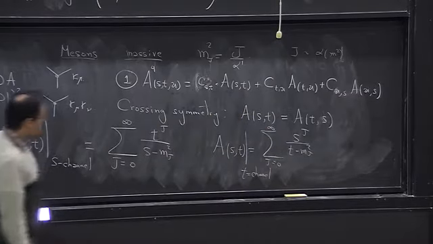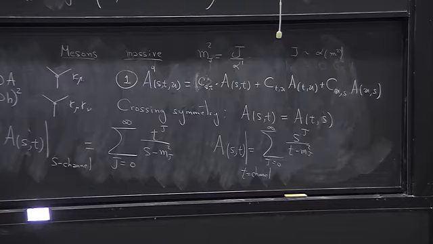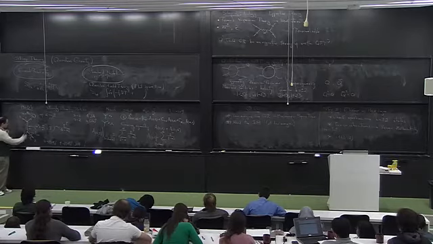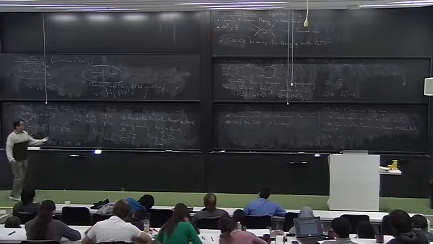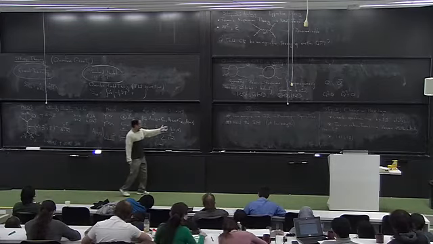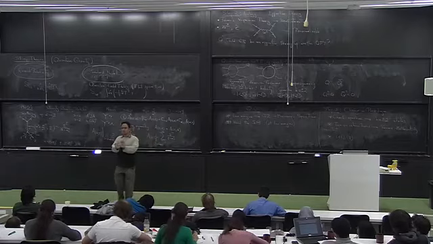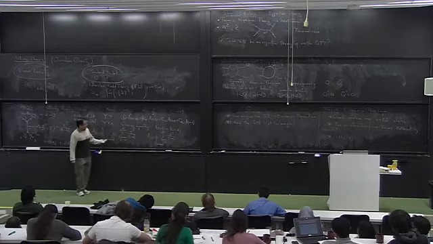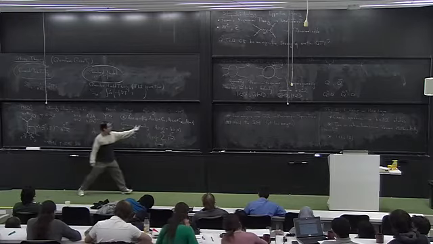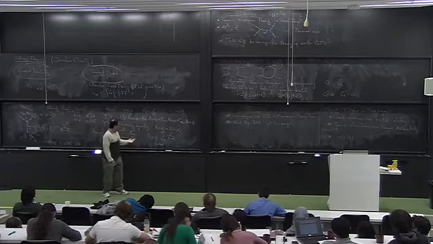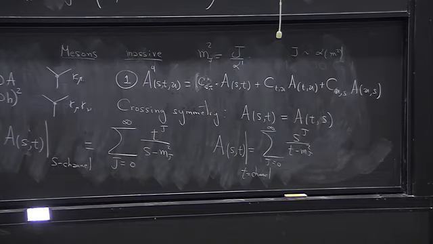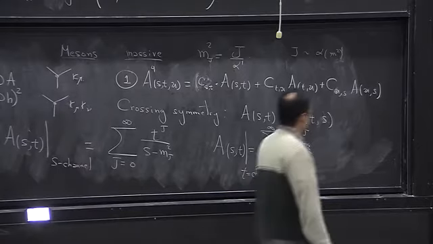Okay? Well, this is very common in field theory. In field theory, we get one contribution in the S channel and one contribution in the T channel. And in order to satisfy crossing symmetry, all we do in quantum field theory is add up the two terms. Okay? Here, we could do the same thing. We can declare that the total amplitude is the sum of these two terms. Okay? Well, that looks a little bit funny. I mean, two infinite sums, that's not very satisfying.